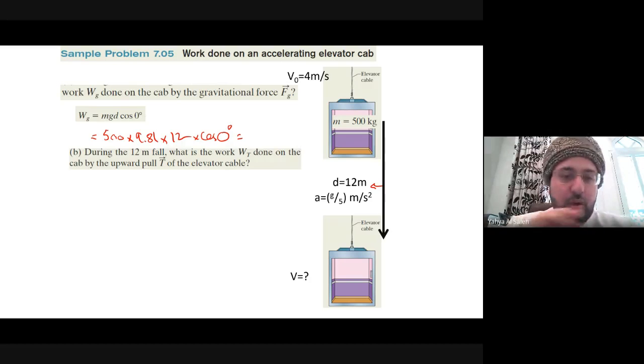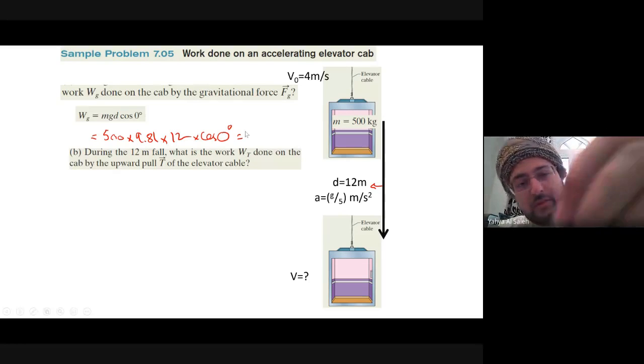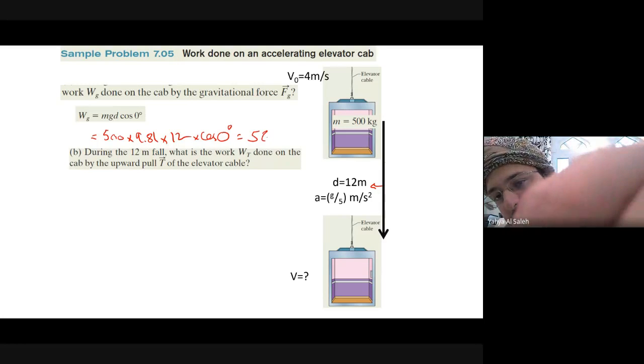Cosine 0 is 1. And the answer we get is 500 times 9.81 times 12, about 58,860 joules.